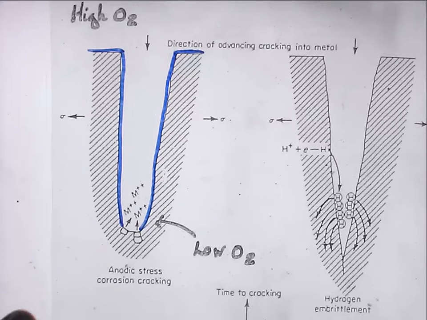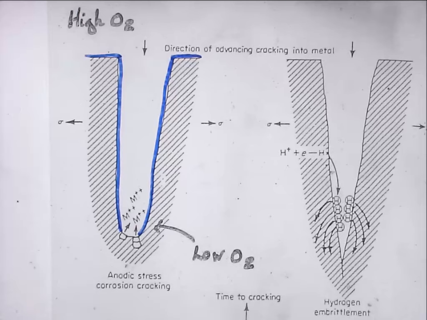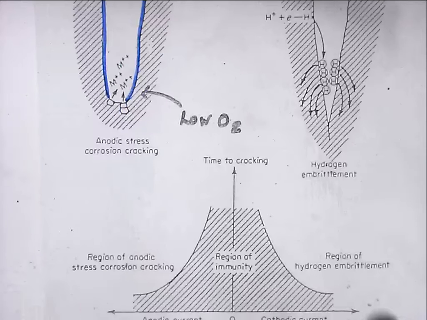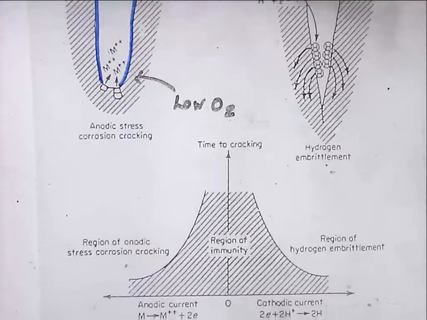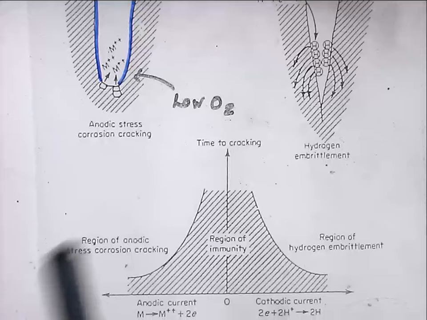Whereas for hydrogen embrittlement, it's a cathodic process. So there's quite a difference in the potential on the surface of the material. One's anodic and the other's cathodic.